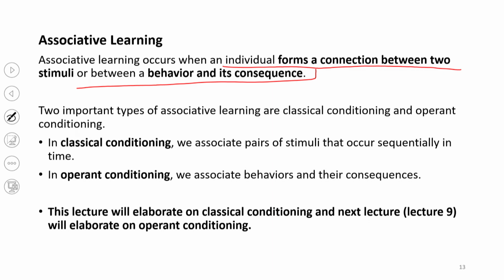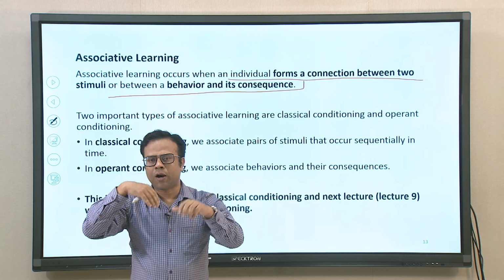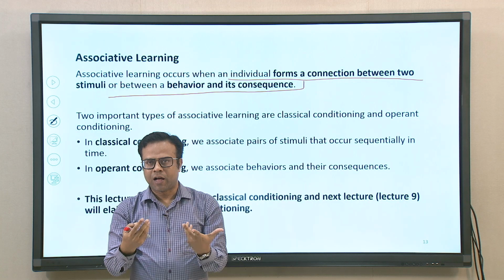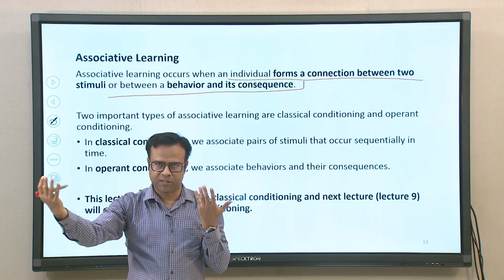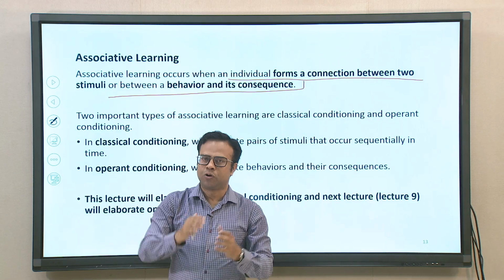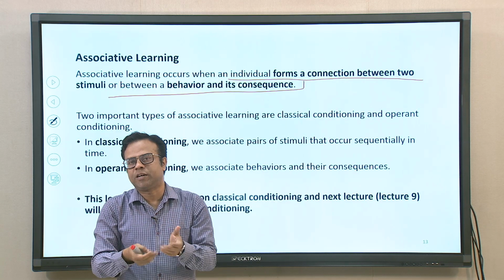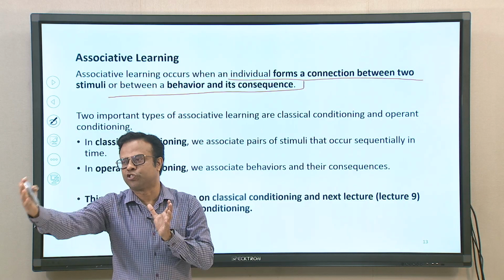If we learn certain kinds of relationships or patterns of association, many times a lot of learning is learning association. All kinds of associative learning are a connection between 2 things, 2 stimuli, or we learn to associate our behavior with its consequence.